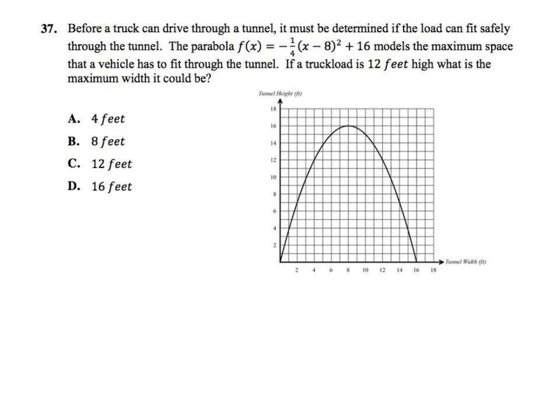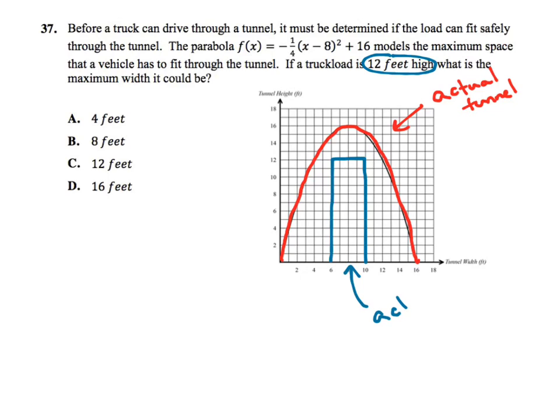Okay, number 39. I'll tell you, Mrs. Fleischman and I both had the darndest time with this one. I saw a couple of you figured it out because literally, this is the tunnel. It's not a relationship between the height of the tunnel and the width of the tunnel. It's the actual tunnel. So we're talking about a truck 12 feet high. Well, we could have that truck 12 feet high. There's a skinny truck.